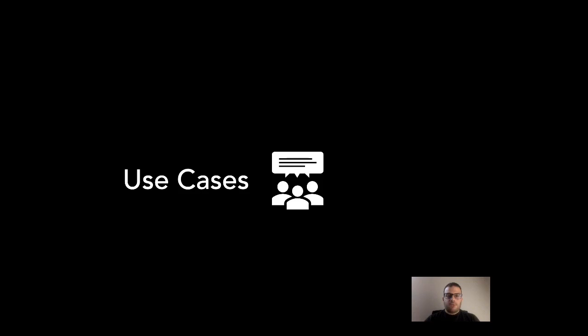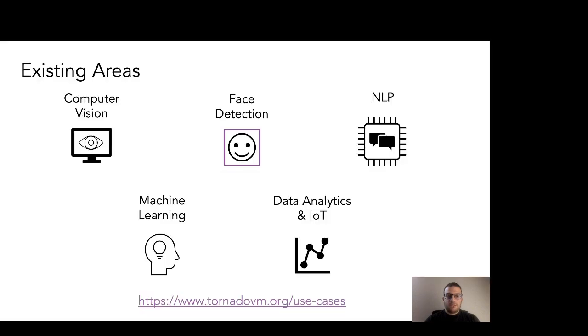Now the last part of my talk regards the use cases. Here is a brief description of the use cases. As we see here, we have many application domains where TornadoVM has been used for acceleration. The first 2 regard computer vision applications and face detection. And then we have natural language processing.